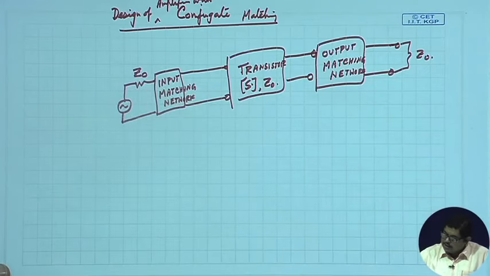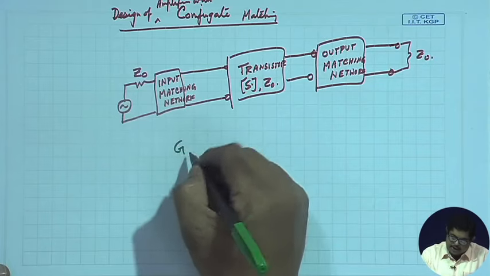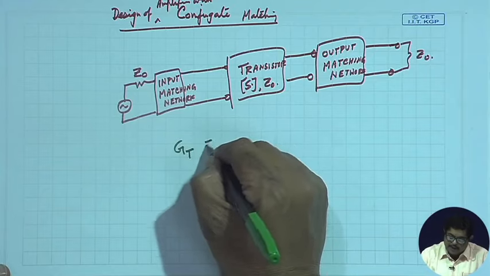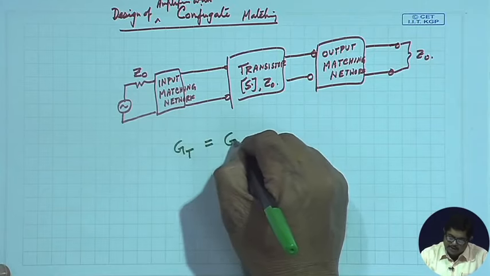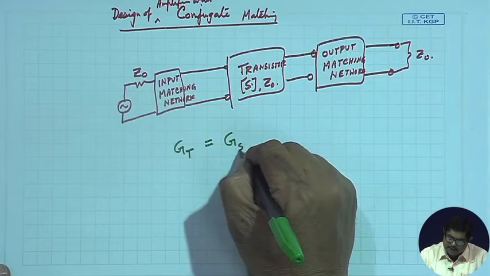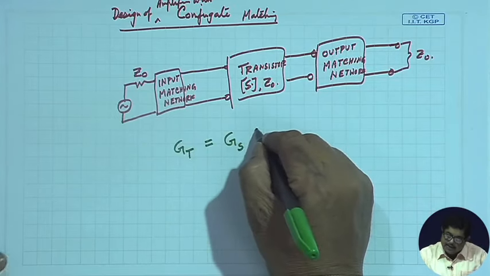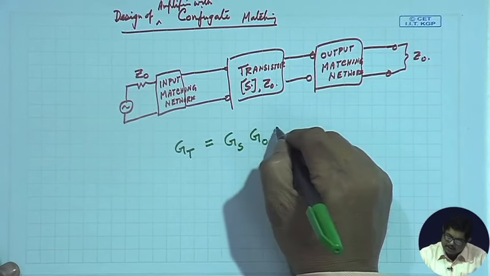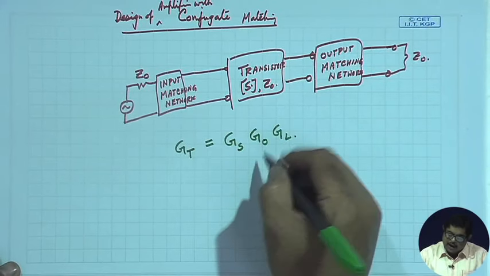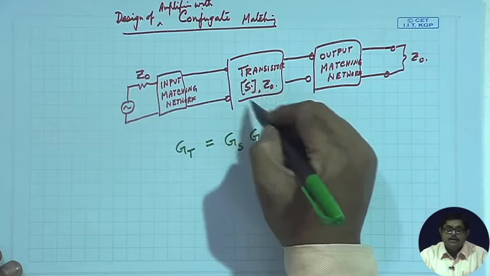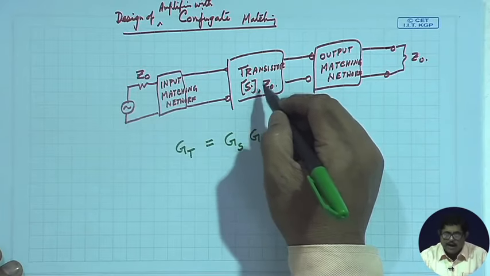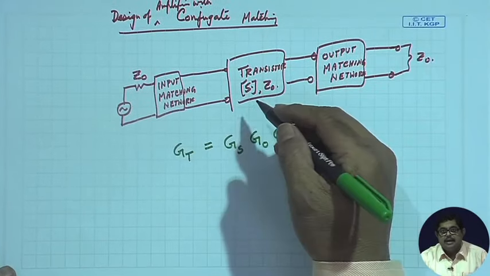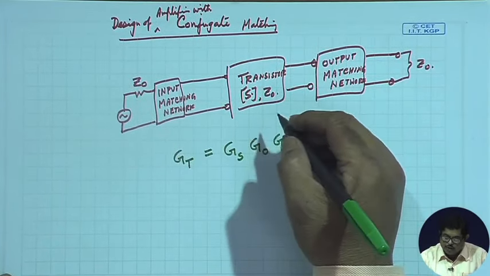And that day we have also seen the transducer power gain, which comprises these terms: the source side we generally call ZS, then the transistor side that we call Z0, and this is ZL. This Z0 is typically not in our hand, because the transistor manufacturer has made the transistor, and that transistor gives me some S21 values.